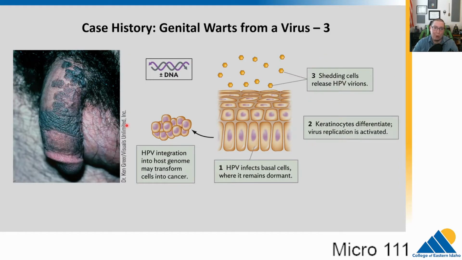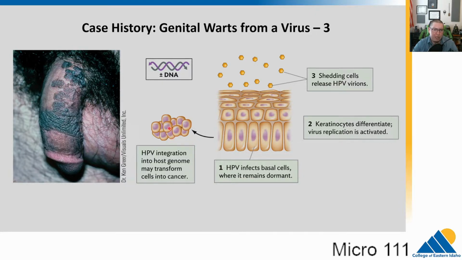So here we go. You can see on the shaft of the penis here that there are all of these raised spots that are darkened in color. These are growths that are occurring there. So what's actually happening? HPV has infected the epidermal cell layer, and it goes down to the basal cell layer, where it can lay dormant.